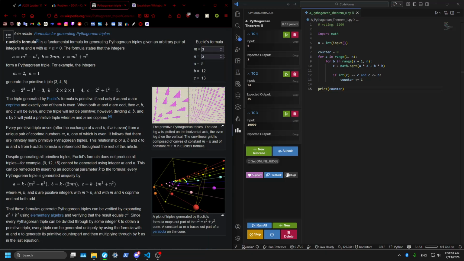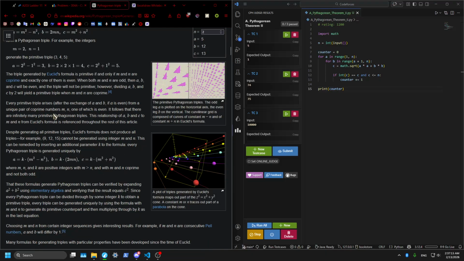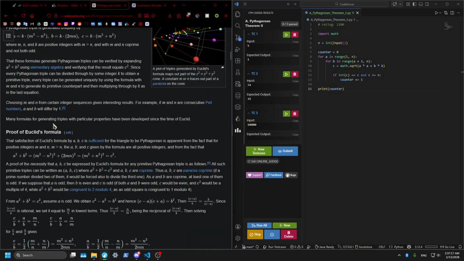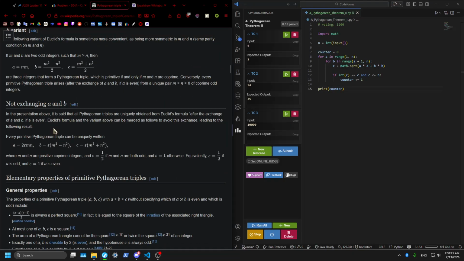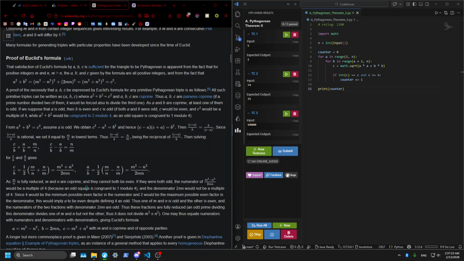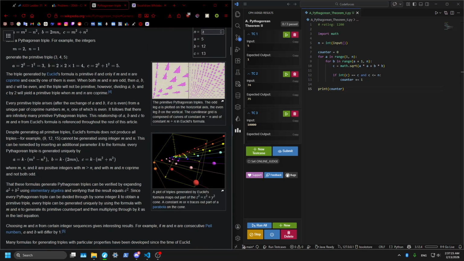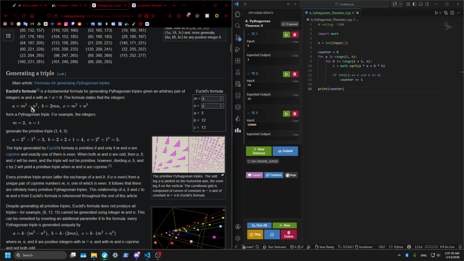Every primitive Pythagorean triple can be generated as, I don't know if it's on here. But it's saying a is m squared minus n squared. Oh, it's right here, yeah.